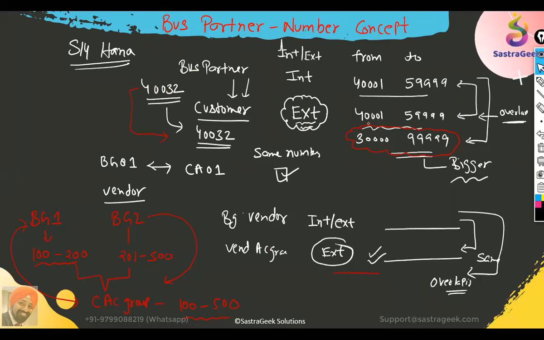If you have given the 4001 to 599 number range to the vendor, then your vendor can also be created with 40032. So one business partner number, the same 40032 for customer and the same 40032 for vendor. Okay, yeah, thanks.